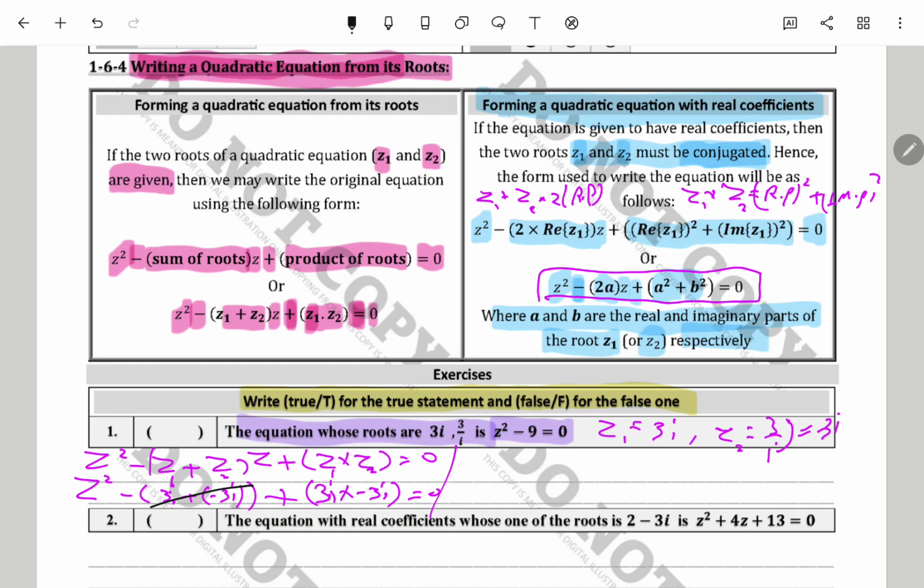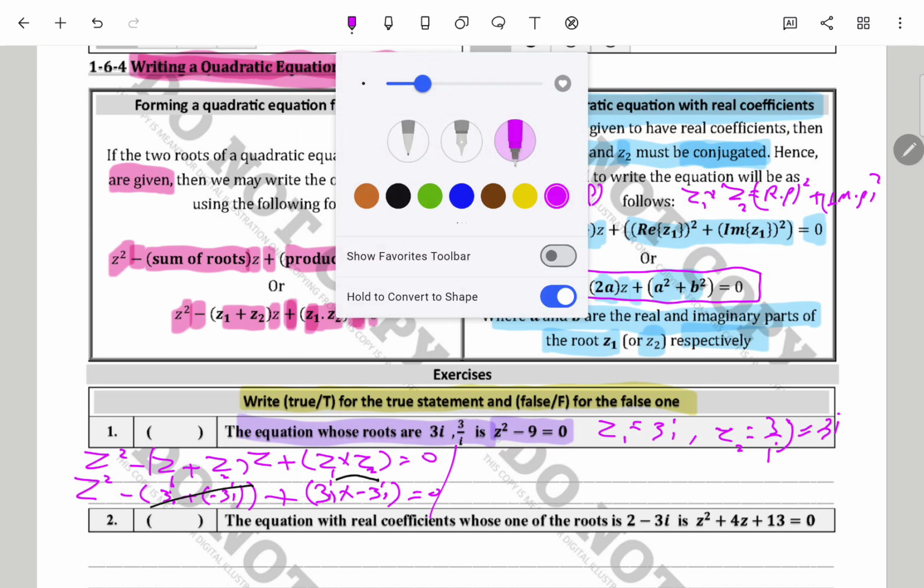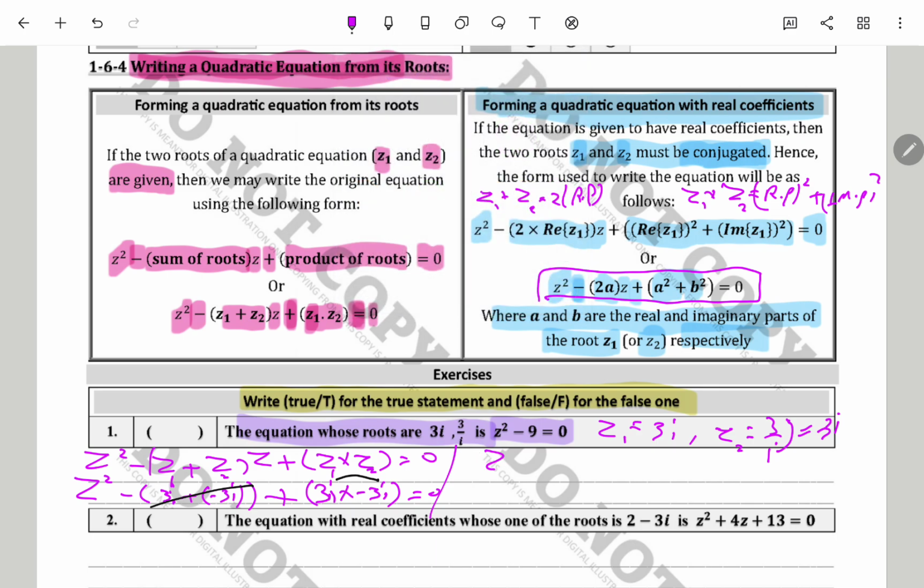And if you multiply them, you get 3 times 3 is 9, with negative is negative 9, and this i with this i will make it i squared, so you get negative again. Negative by negative is positive. So the last answer is going to be z squared plus 9 equal to 0.